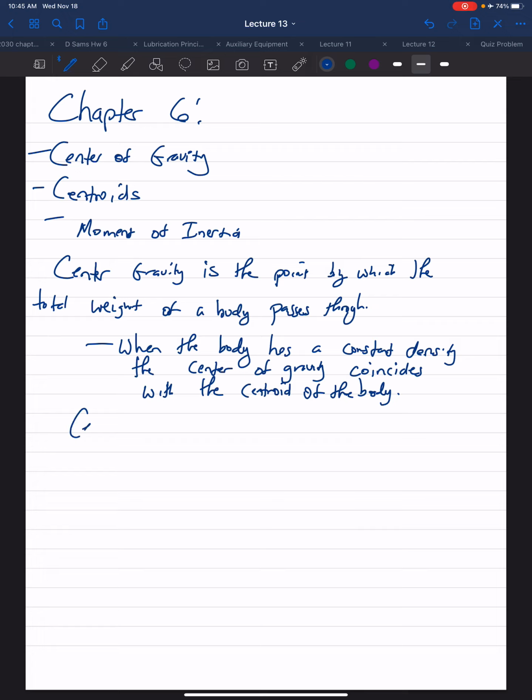And the centroid, which we've covered in previous lectures, is the geometric center of the body.